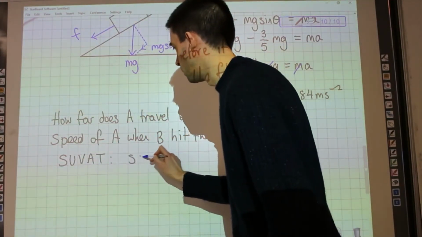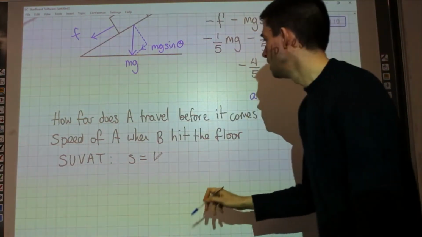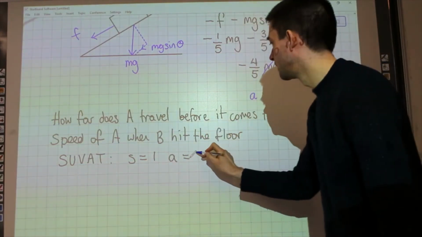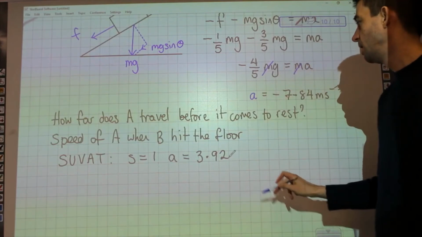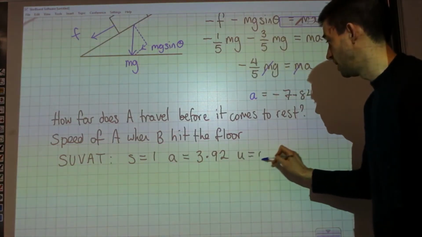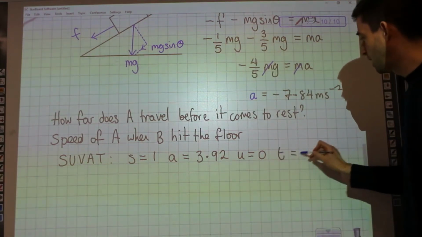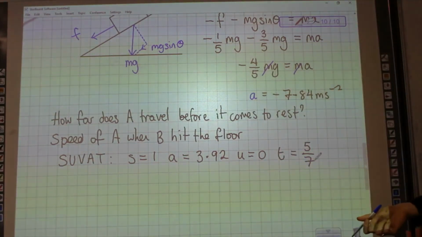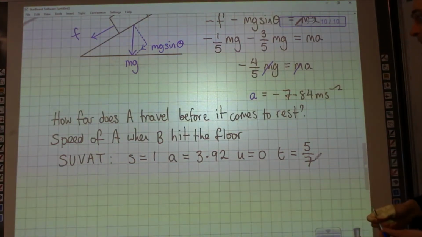We know that S is 1, because B had to go 1 metre down to hit the floor. We know that the acceleration during that stage of the motion was 3.92. We know that the initial speed was 0, because the system started at rest. And we know, because we calculated in part B, that it took 5/7 of a second for B to hit the floor.